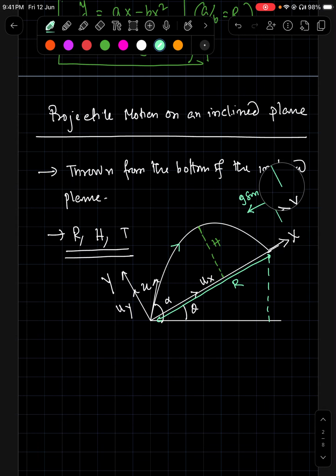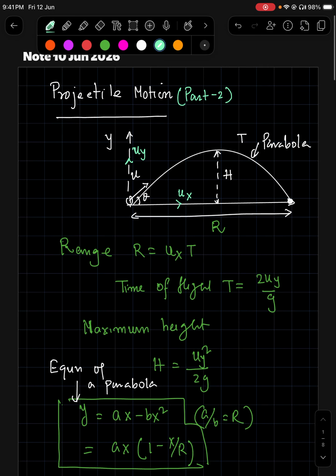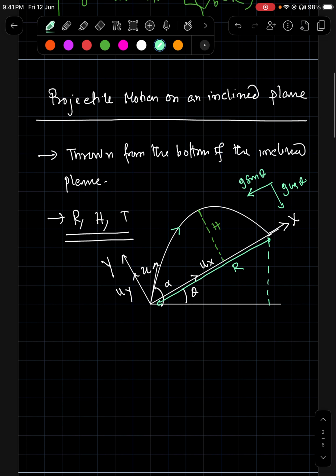If I compare the previous picture with this picture, in the previous picture, in the negative y direction, g was acting, but now in the negative y direction, g cos theta is acting. So wherever g appeared in the previous formula, now it is replaced by g cos theta.